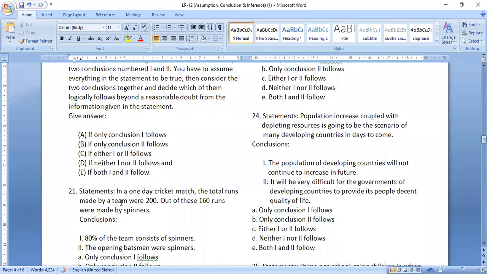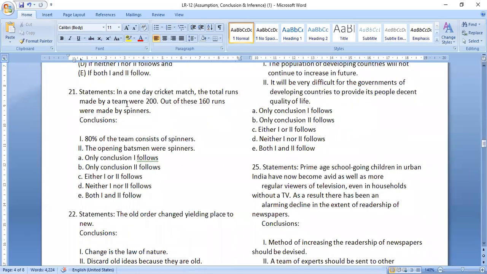Fine. So the statement is: in one day cricket match, the total runs made by a team were 200. Out of these, 160 runs were made by spinners.